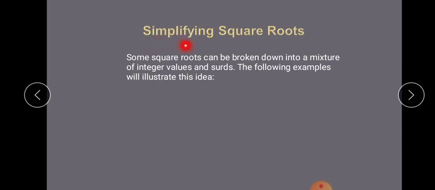Let us learn some more ways how we can simplify square roots. Root 12. Now if I factorize the number 12, I can write 12 as 2 into 2 into 3, or we can say 2 square into 3.